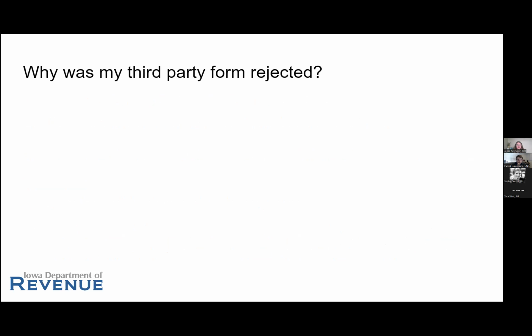Once your third-party form is submitted, it is sent to our registration team for review. This is where our dedicated third-party team will review it, and they will either approve it, deny it, or request more information from you. We reached out to our registration team prior to the webinar to hear the most common reasons for rejection, because we wanted to help you figure out where some of the gaps may be if your form is getting rejected.